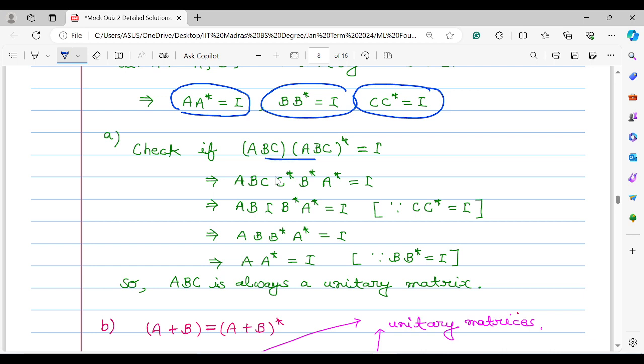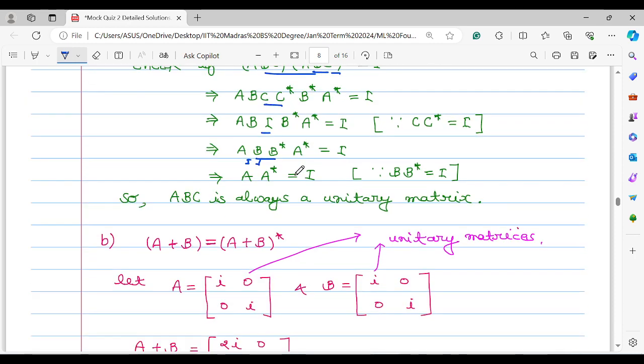So for ABC, if we simplify this, we get C star, B star, A star, and because the matrices are unitary, C star C is equal to I, so we get B star, A star. Then after simplifying, BB star is also the identity matrix, so we get A star A, which is equal to I. So we are getting I. So we can say ABC is always a unitary matrix.